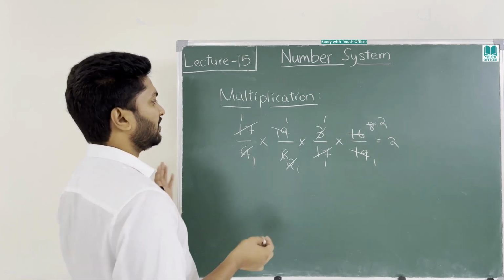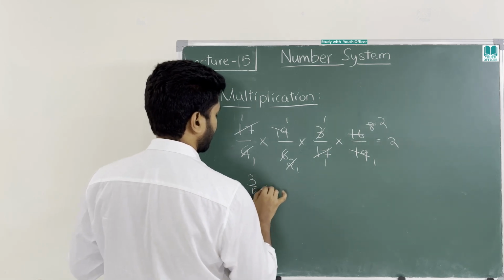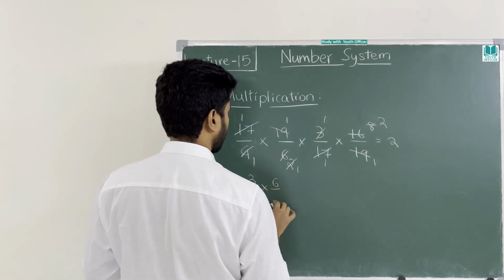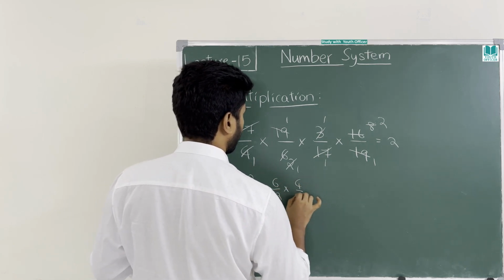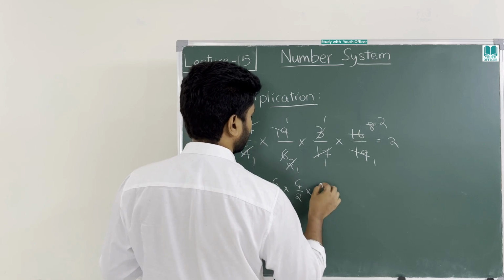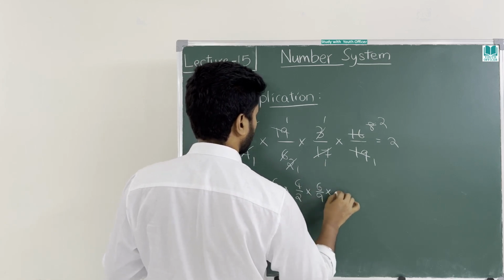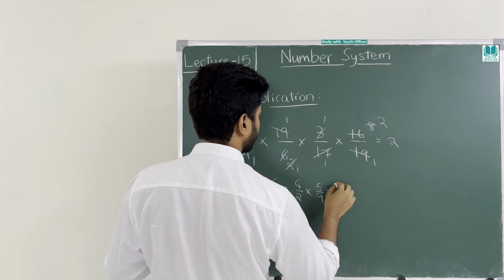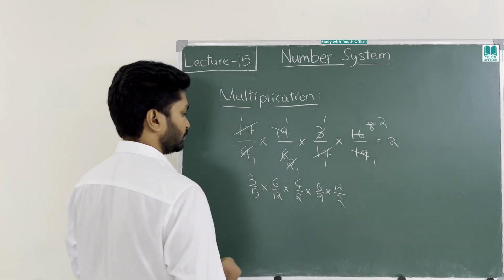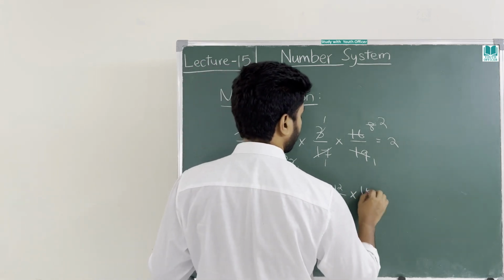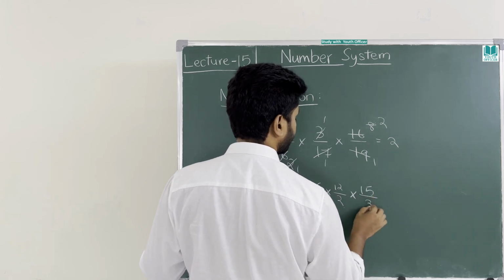Or sometimes it may not get cancelled like this. Let us take 3 by 5 into 6 by 12 into 4 by 2 into 6 by 9 into 12 by 2 into 15 by 3.